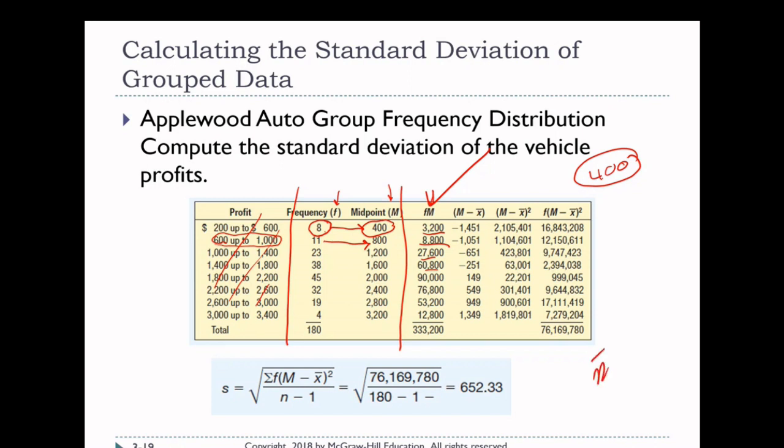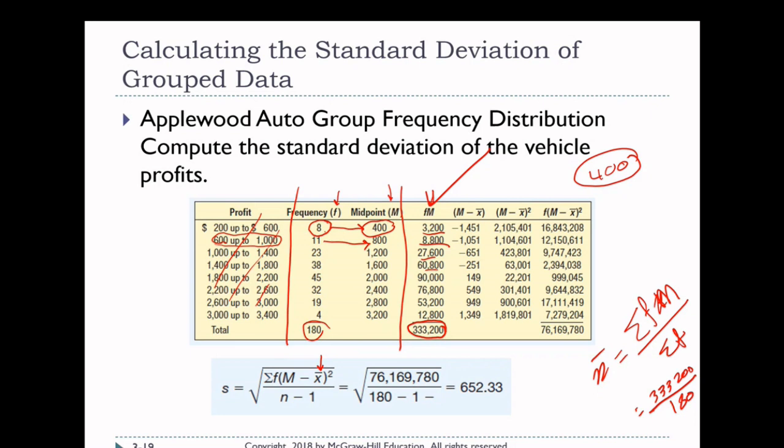Now I'm working on finding x bar. x bar equals the sum of f times m, where m is the midpoint, divided by the sum of frequencies. This sum of f times m, this value, divided by 180 total, to find x bar, because I want x bar in my calculation.